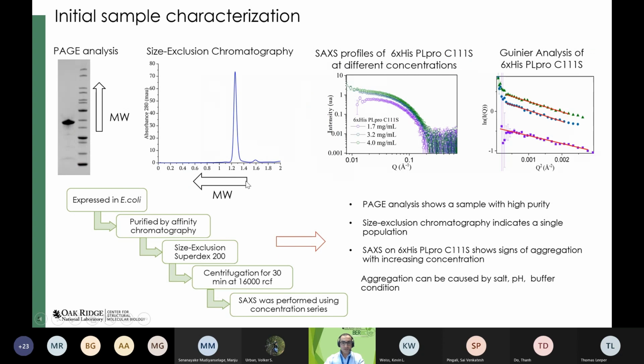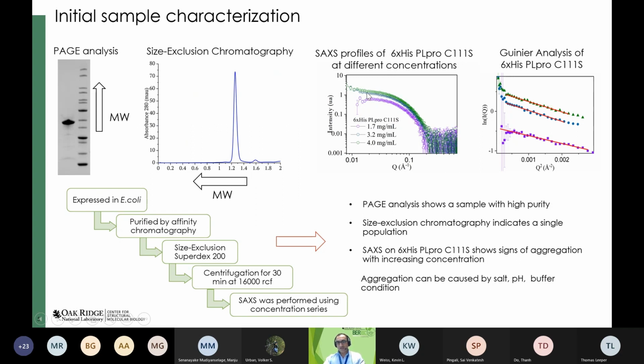Here is one example, where the initial characterization helped us define the ideal sample for the SANS experiments. We have a single band on the PAGE analysis, and a single peak on the size exclusion chromatography. The small species was separated here.